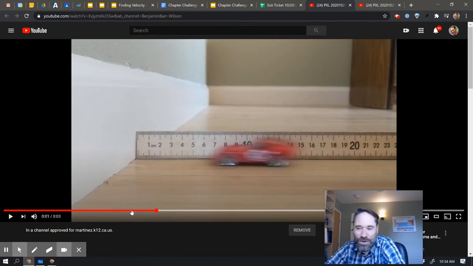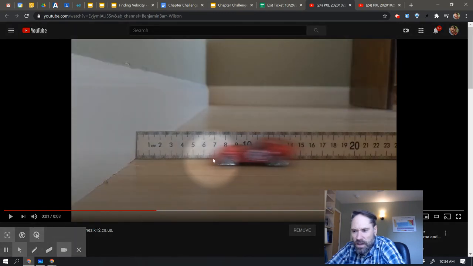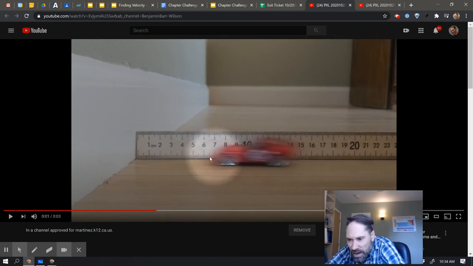It's now my goal to look at this picture and figure out if I can find a place on the car to take note of where that is. Right here in the front, I've got a kind of motion blur at the beginning, but I'm going to take it to maybe the front of where I can see this wheel, because the wheel's kind of shiny.